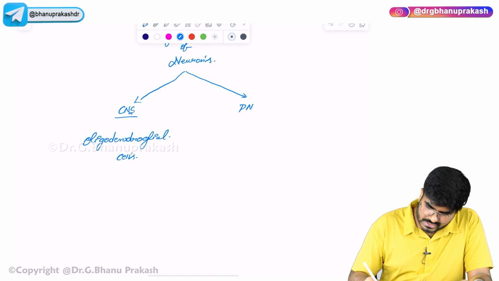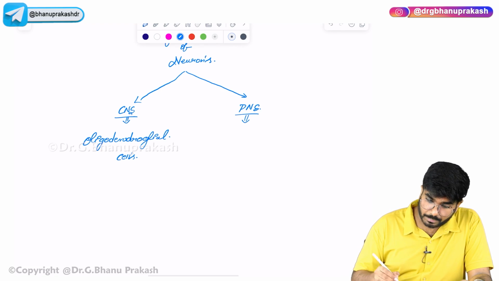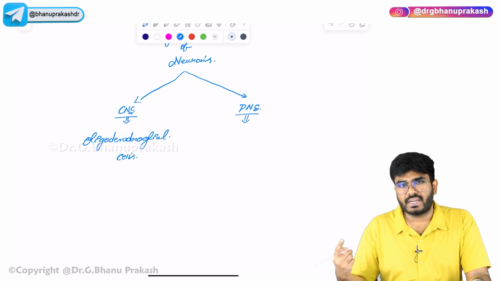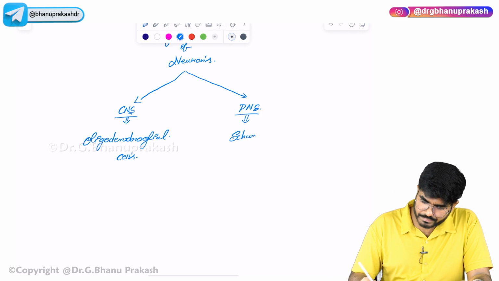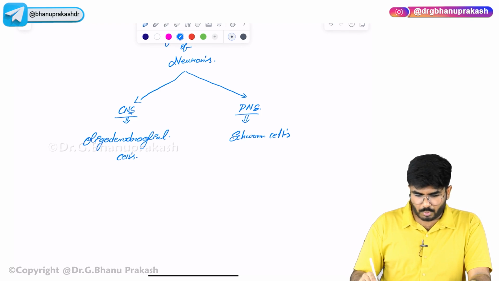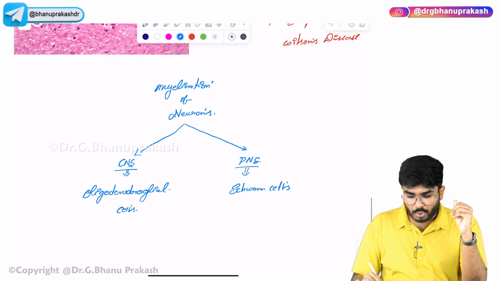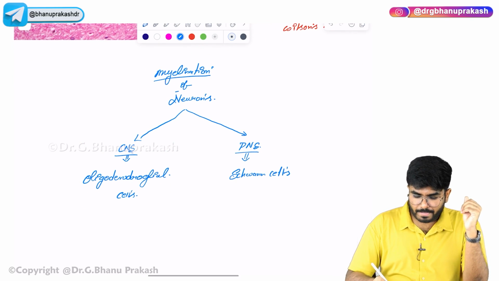In the peripheral nervous system, the cells causing the myelination of neurons, which includes the cranial nerves and the spinal nerves, are the Schwann cells.